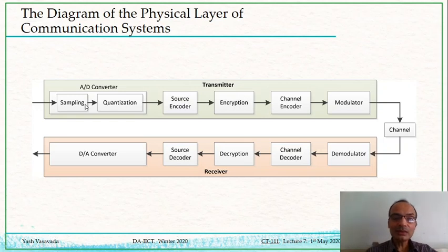So we have done a detailed explanation of this sampling block. We will spend some time on this quantization block, and then some time on modulation and demodulation. These two blocks are still remaining, and we will pay attention to them in the upcoming weeks.